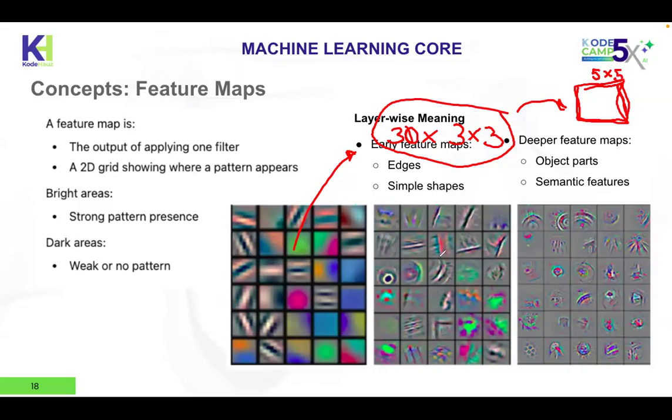So if we now want another 30 feature maps, we'll have to have 30 kernels. These 30 kernels will now give us 30 feature maps, and these are what you are seeing here. There are 30 of them. Because there are 30 feature maps, each kernel to generate the next set of output has to be 30 by 3 by 3.